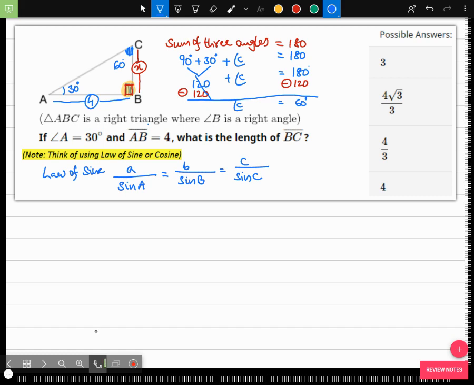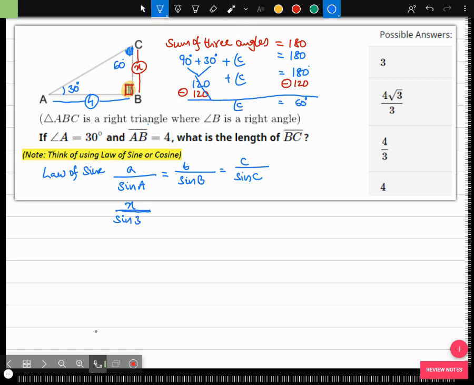Now I see that angle A is given, and the opposite side is x. Remember, the lowercase letter indicates the side. So x over sine A, and A is given as 30 degrees.